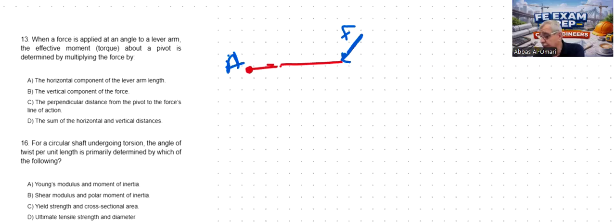So we can extend the line of action like this, and so it's the perpendicular distance. This is the perpendicular distance, sorry.